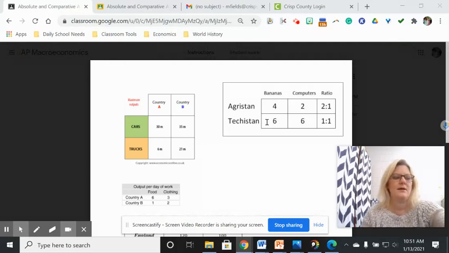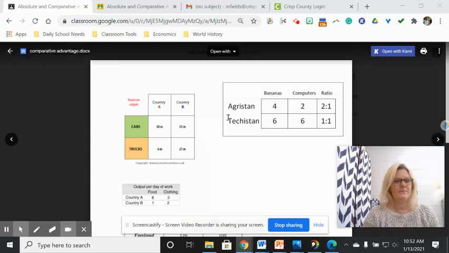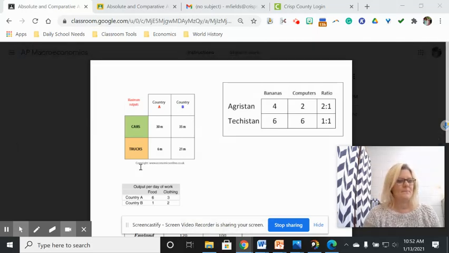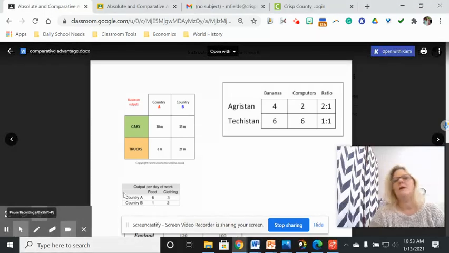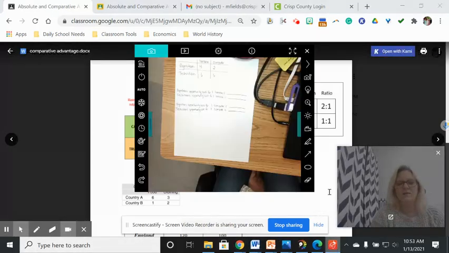So I'm going to turn my document camera on and hope that this will work and that you'll be able to see my screen. Okay, so I have this.